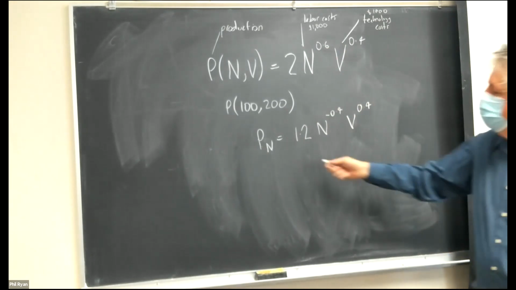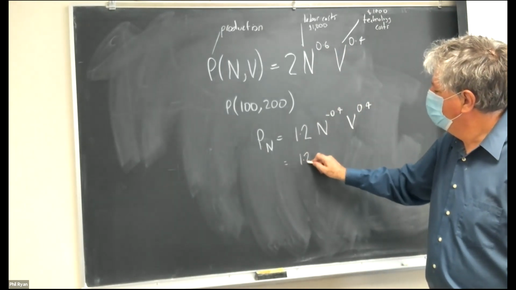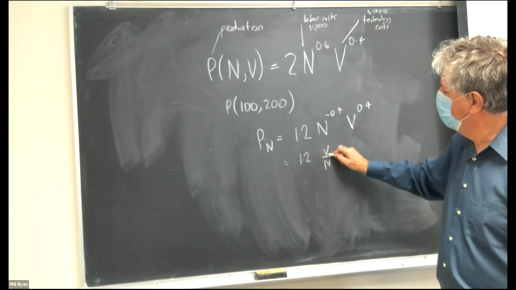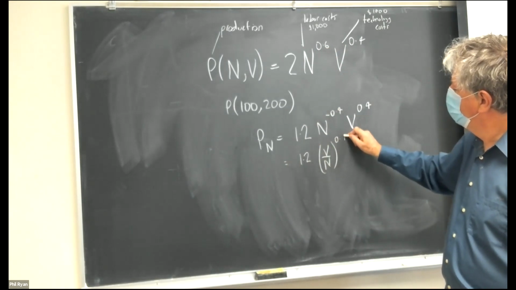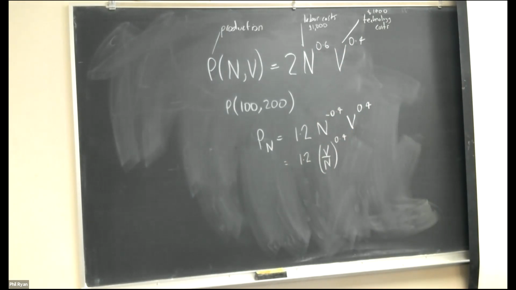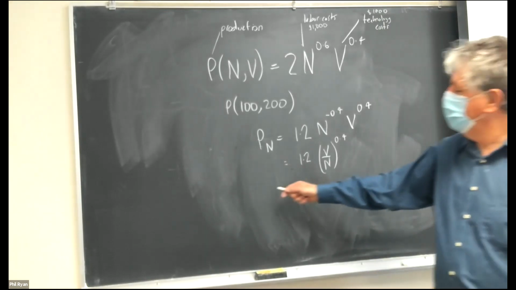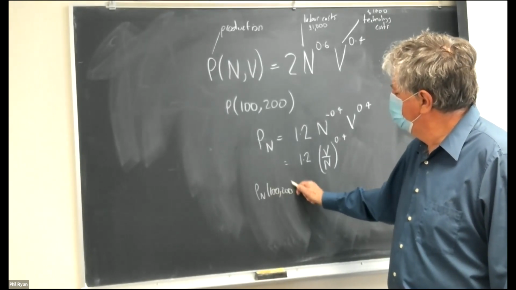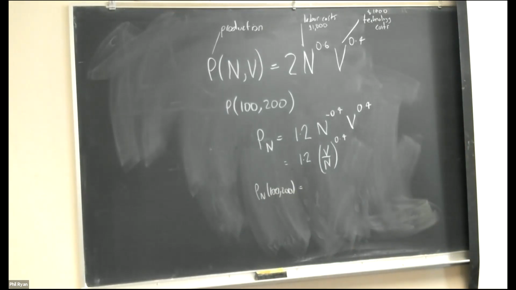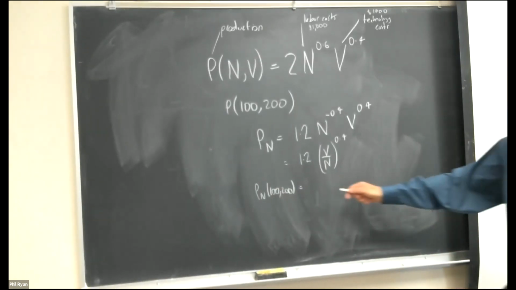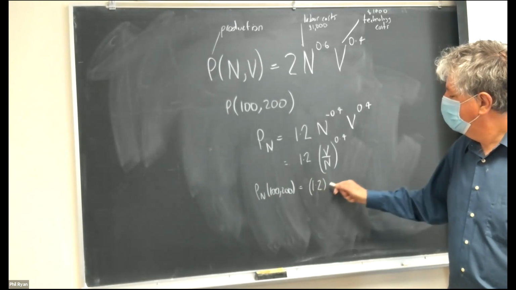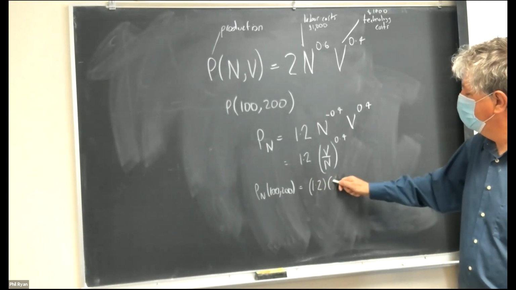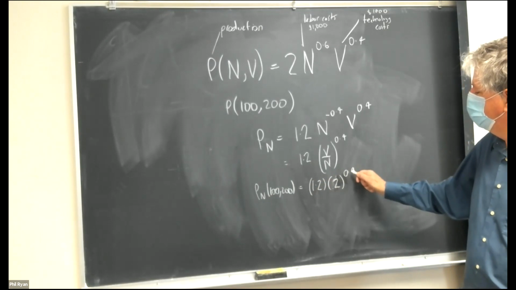So we actually get 1.2 times v over n to the 0.4. Okay, and so then we can plug in our values, Pn of 100, 200 equals 1.2 times 2 to the 0.4.